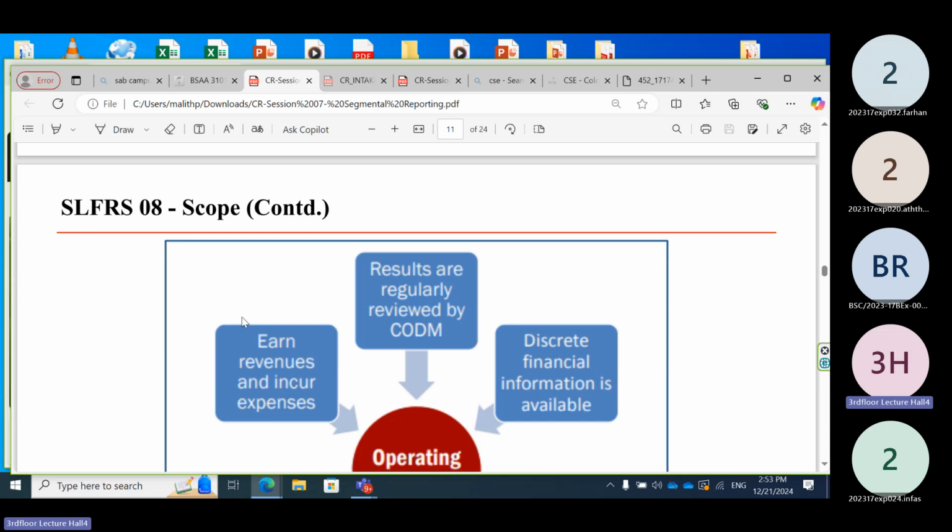Whatever the organization, you may have different operating segments. If it is a hospital, you have different ones: OPD, operations, laboratory, and different pharmacies.